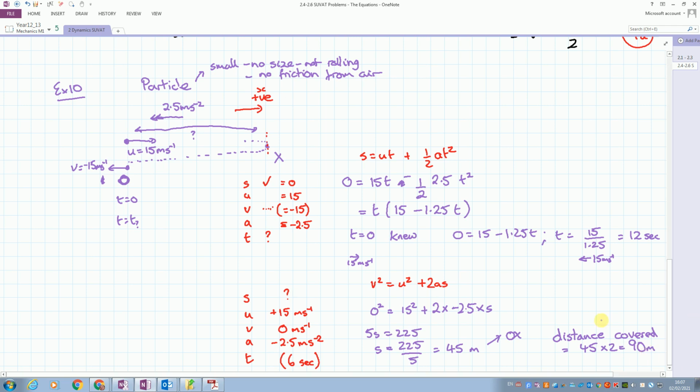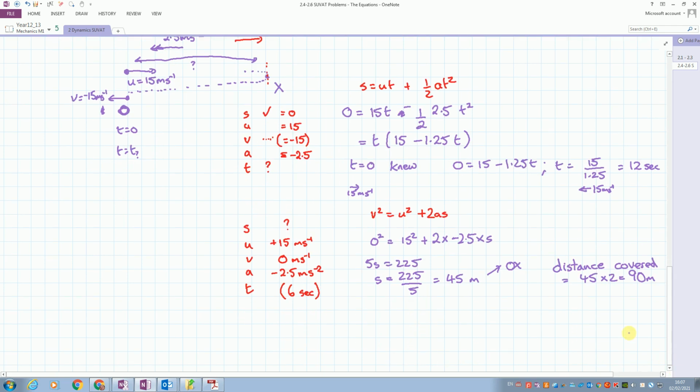Okay. If you want to quickly check, we know the return journey now starts with this velocity. So if we take the return, v squared equals u squared, and u is now 0 because we're at X, 0 squared, add on 2 times minus 2.5, and we know the distance is 45.